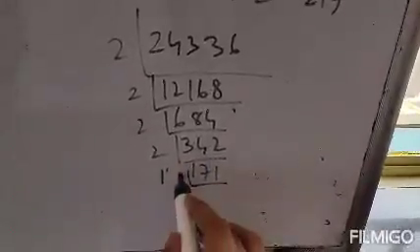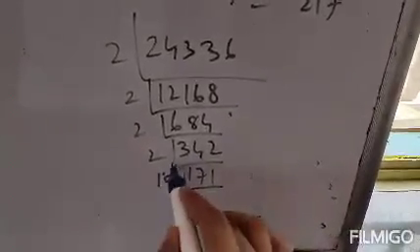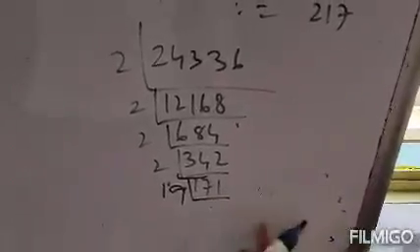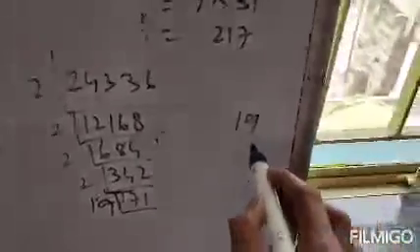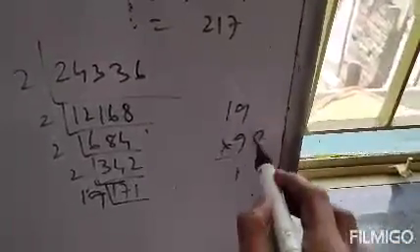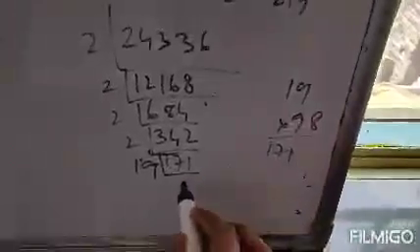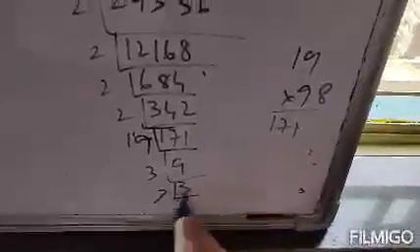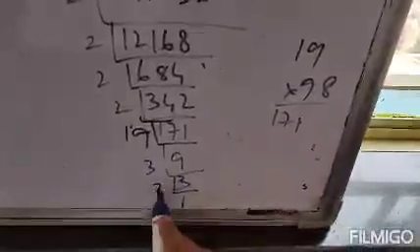This is 9 divided by 19. This will give you 19. This gives you 9. Do it by 3. Again 3 1. This is 3. Clear?